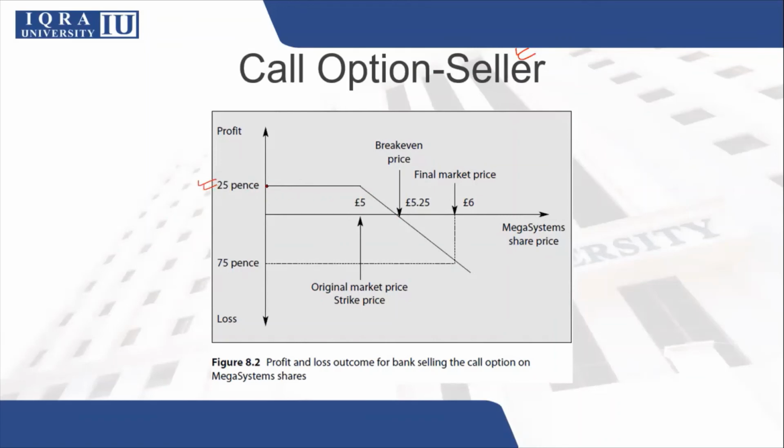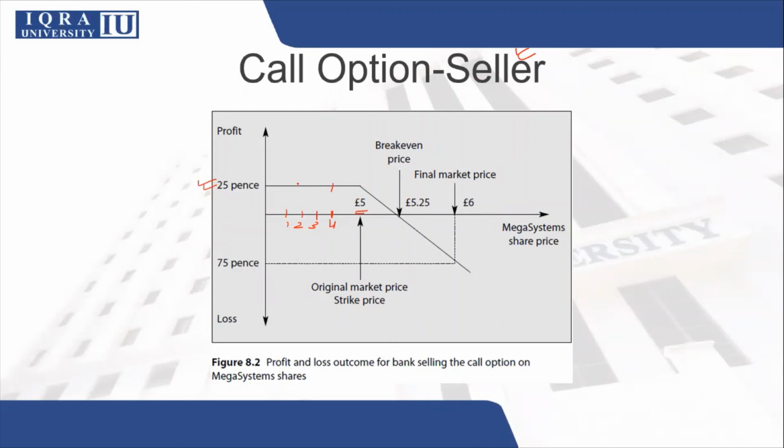So as long as your market price is below your strike price, let's say the price in the market is 4, we already discussed that the call option will not be exercised by the buyer. The seller cannot exercise it. Remember, only the buyer can exercise it. So the buyer is not going to exercise it in this area because it's not profitable for him to do so.